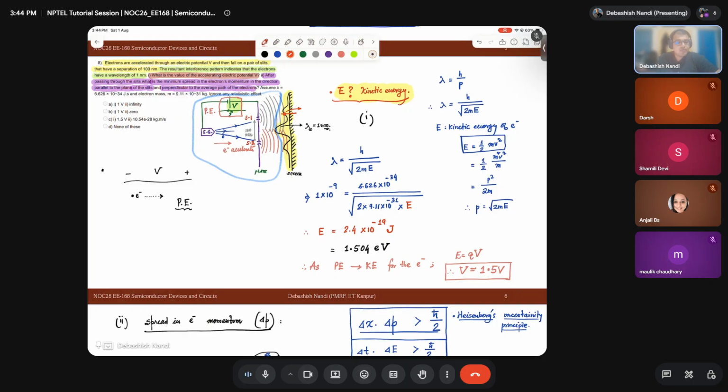So from this analogy, can you tell me what is the delta x here? The uncertainty, or the standard deviation of the position. What is my value of delta x here?